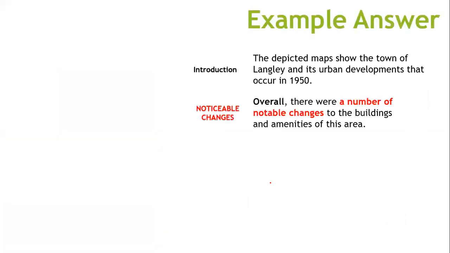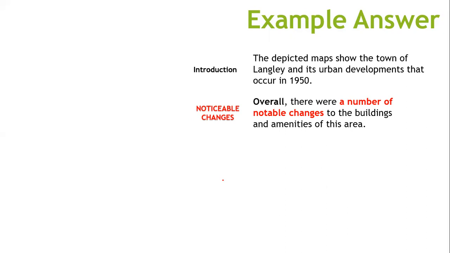Okay, so let us have here an example answer, right? Before we go home and do our homework. So here the depicted maps show the town of Langley and its urban developments that occurred in 1950. Noticeable changes overall. There were a number of notable changes to the buildings and amenities of this area.